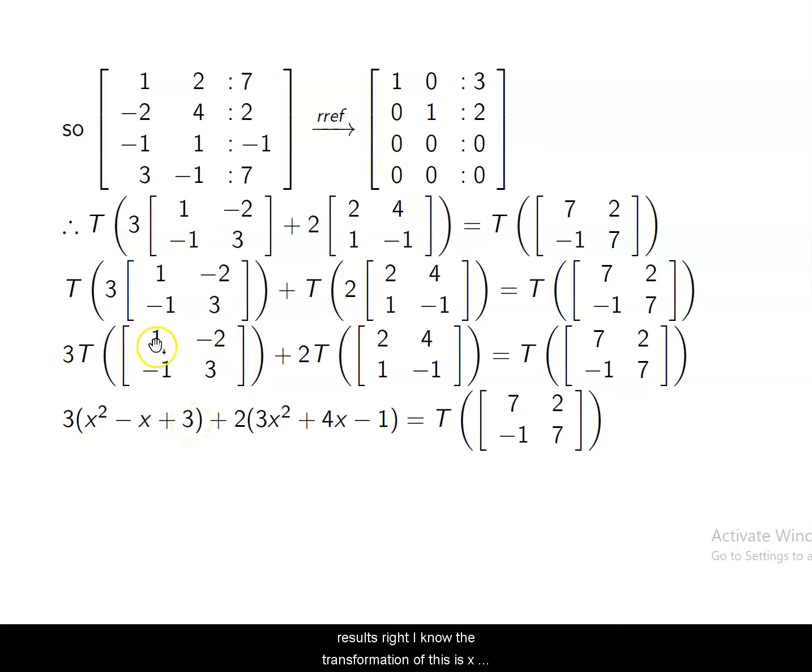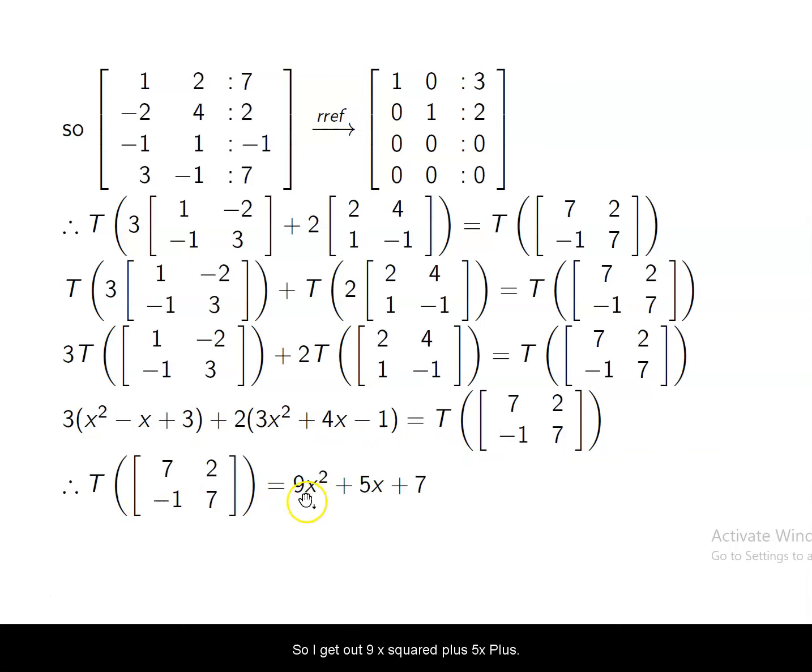I know the transformation of this is x squared minus x plus 3, and the transformation of this vector is 3x squared plus 4x minus 1. So then I just have to simplify this to a single vector in P2, because that's my codomain. So I get 9x squared plus 5x plus 7, right? So I did that without knowing the general form of my transformation, or my transformation matrix. Right.